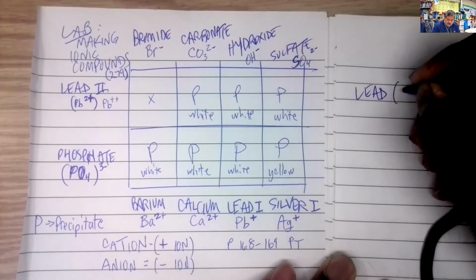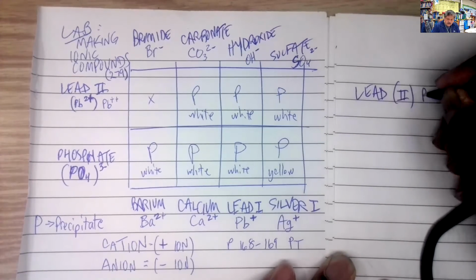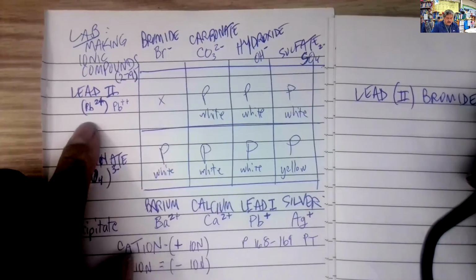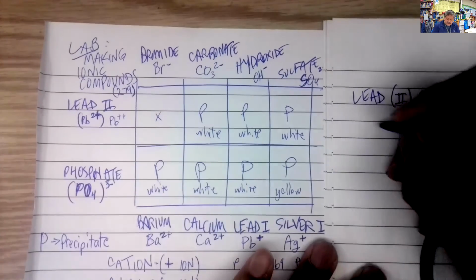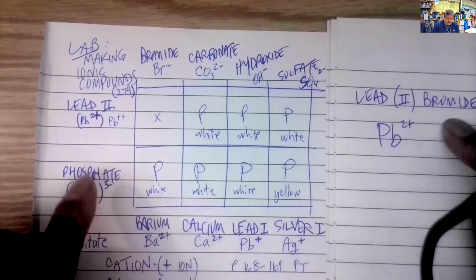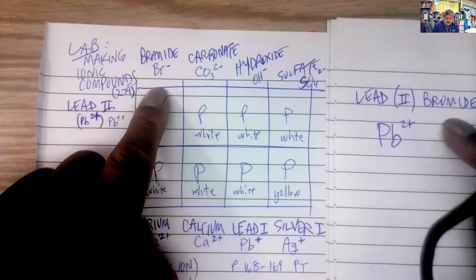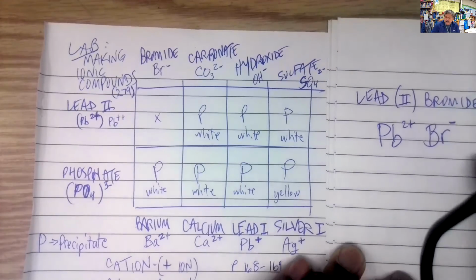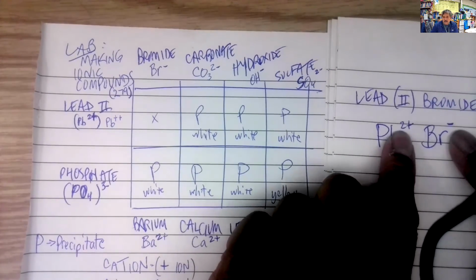You have lead 2 bromide. Well, how do we write the formula for that? Well, I gave you the symbols. So there's Pb 2 plus, and bromide is Br minus. But these charges have to balance.